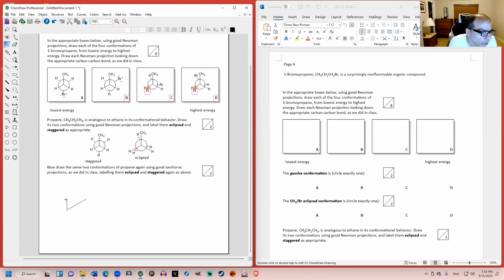So first we'll do the staggered conformation.